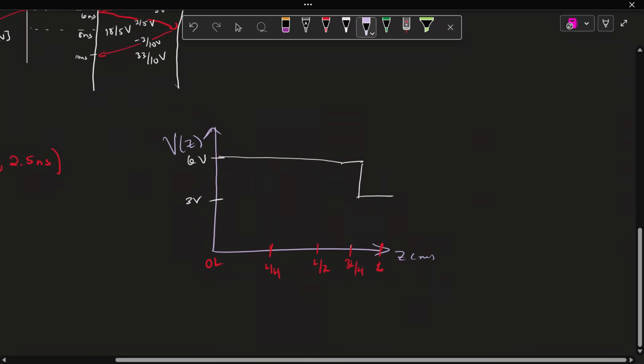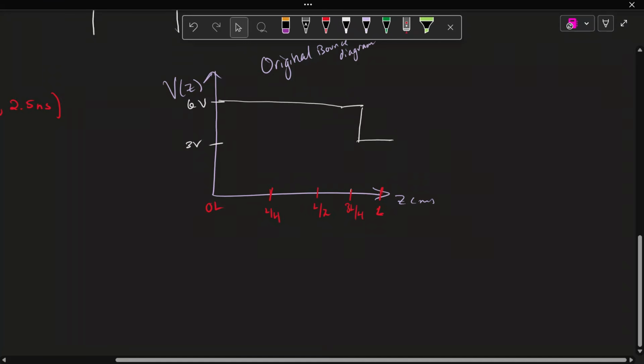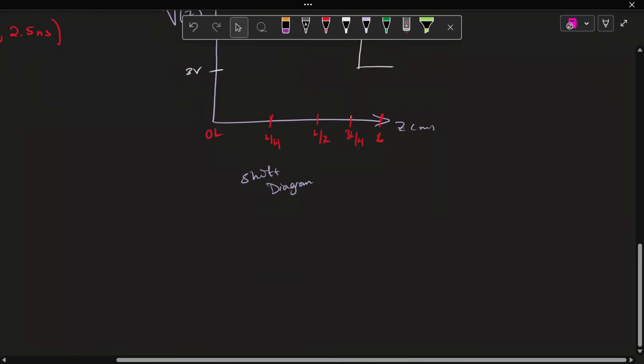This is for the original bounce diagram. Now you need your shifted. So now you need a shift diagram, right? So you create one more.